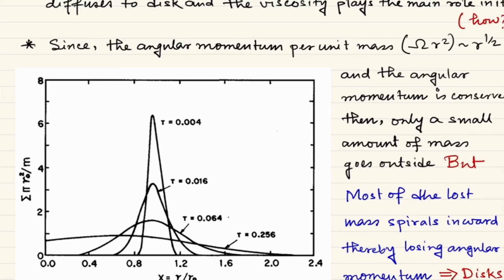So in this way you can also think that viscosity plays a very important role in transforming this peak type of mass distribution, this very localized ring type of mass distribution, to a diffused ring, a diffused disk.